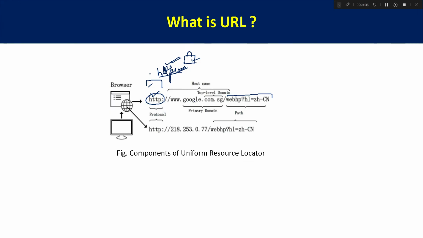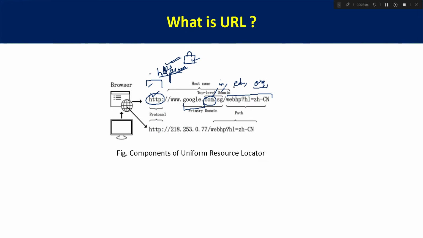The host name consists of basically two things. First is the primary domain, which is the main domain name, that is Google in this case. And the top level domain is something like com, or country specific like .in for India, edu for education, or org.